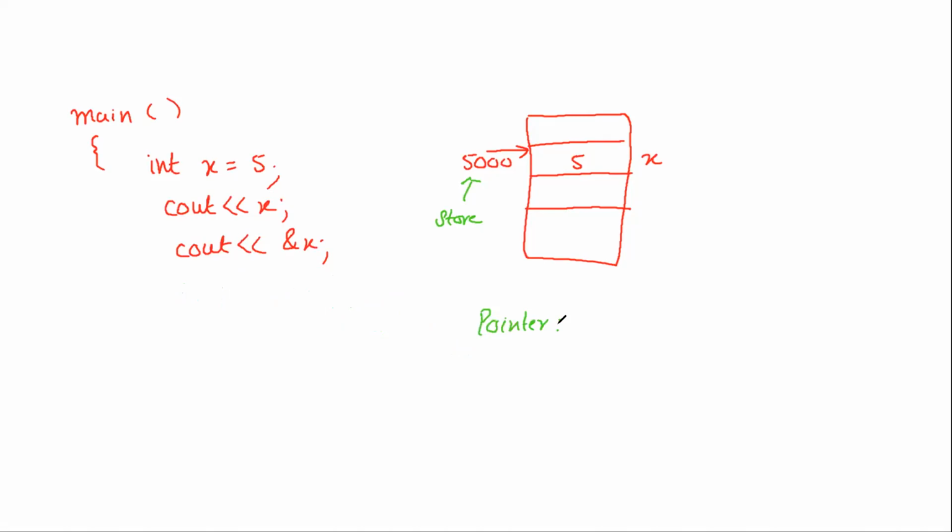There can be many fancy definitions in the books, but the simplest possible way to explain it is this: a pointer is a variable like A, B, C, X, Y, Z, but a variable that stores an address.